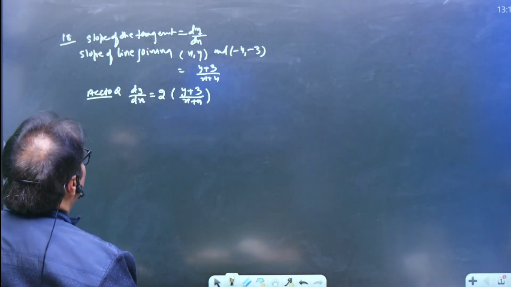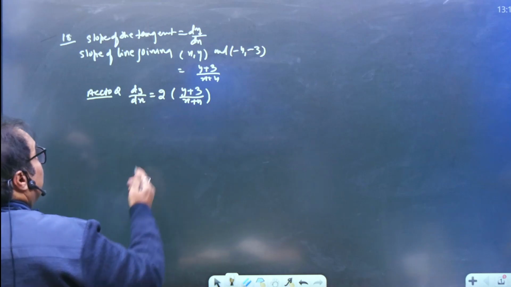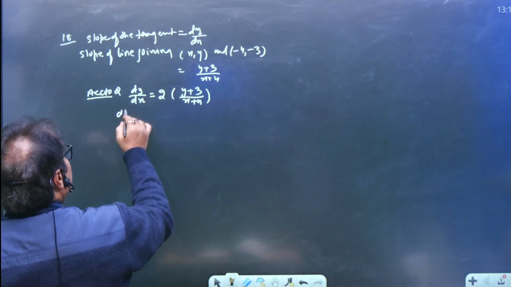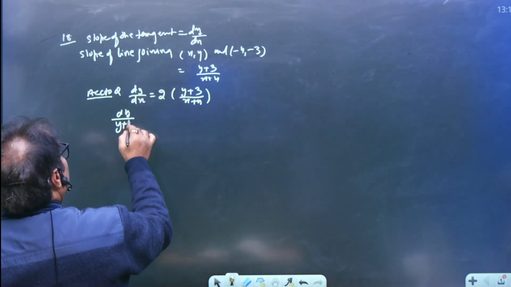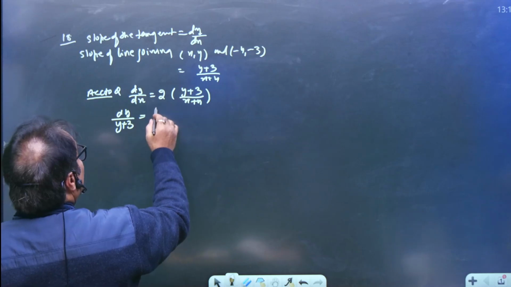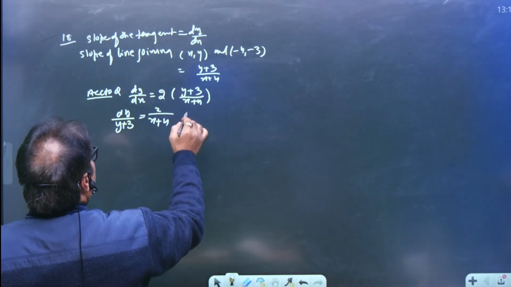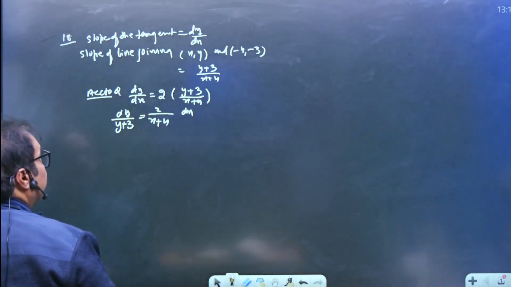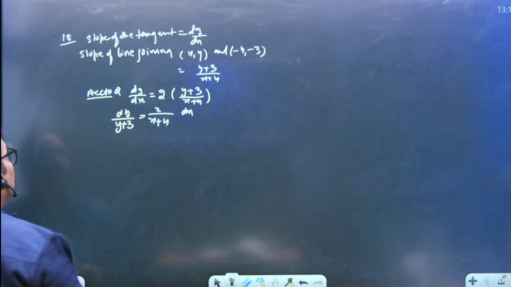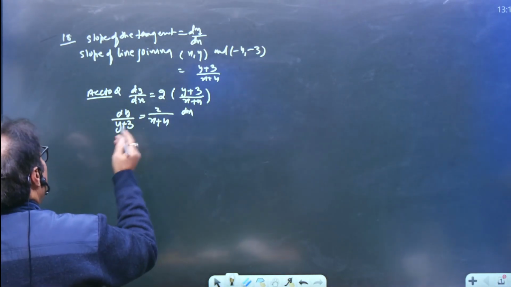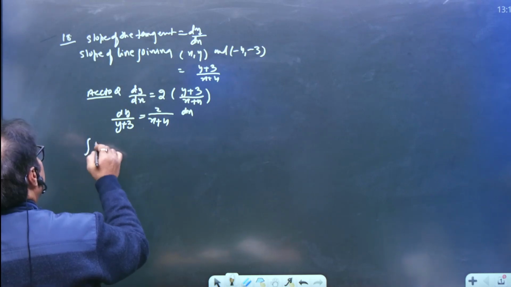And now apply the variable separable property. So this can be written as dy upon y plus 3 is equal to twice of dx upon x plus 4. Okay, so the variables are separated. Now integration on both the sides.